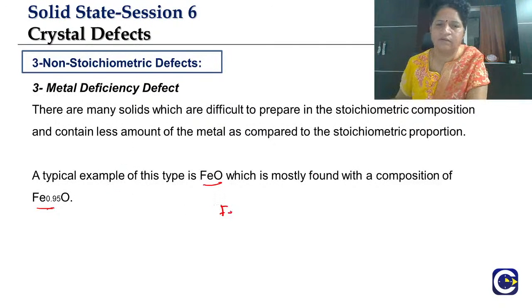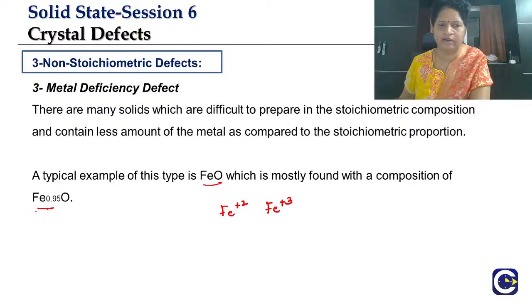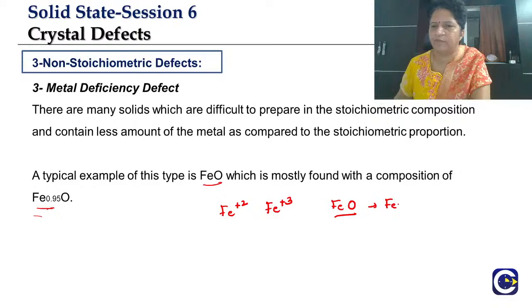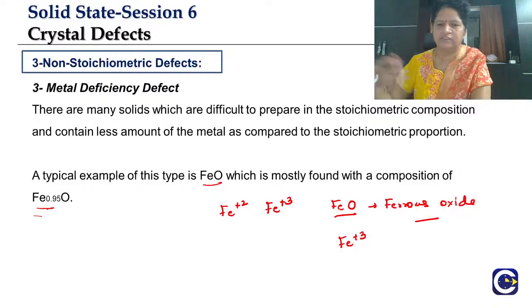It will be Fe plus 2, Fe plus 3. So it might be possible that some of the iron atoms or ferrous or ferric ions might change their oxidation state. In FeO, ferrous oxide, it might be possible that some of the ions might change to ferric ions. We'll see how we get the composition when we take up a numerical problem on that.